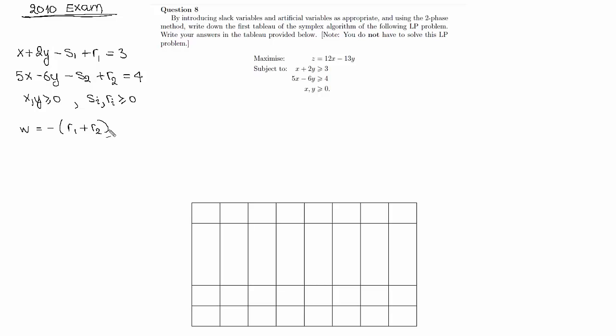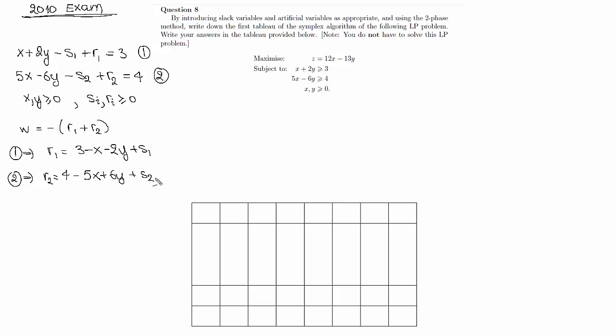So we're going to go to the constraints, and let's name this 1 and this is 2. So from 1, we get that r1 is equal to 3 minus x minus 2y plus s1, and then r2 is 4 minus 5x plus 6y plus s2.